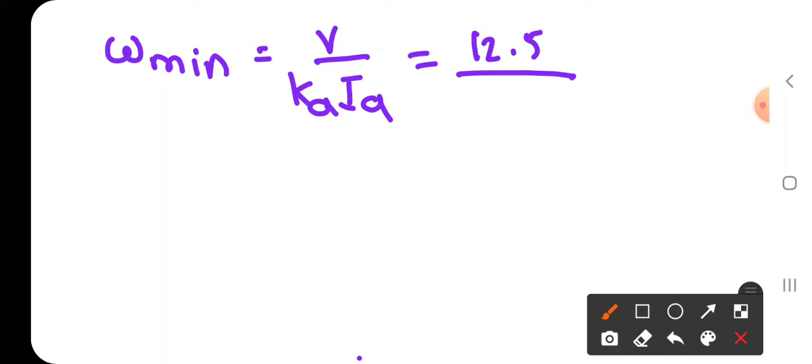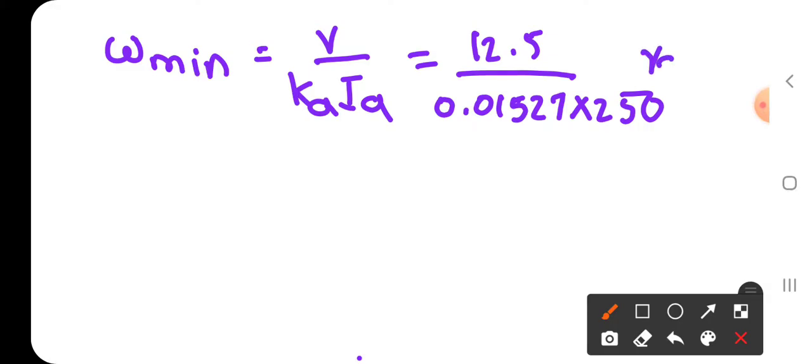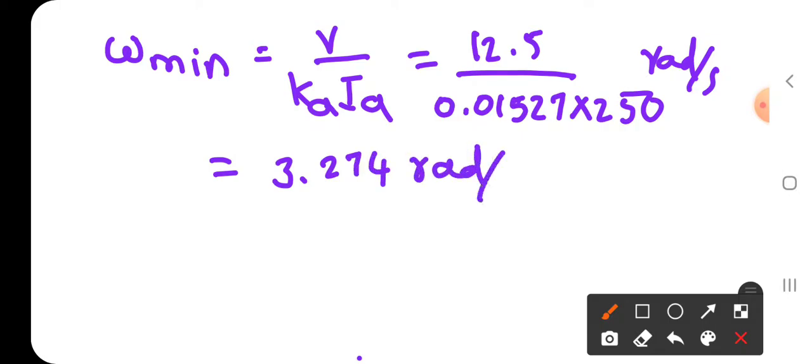Millivolts, if we convert to volts, it will be 0.01527 into 250 radians per second. Then how much is this value? 3.274 radians per second.